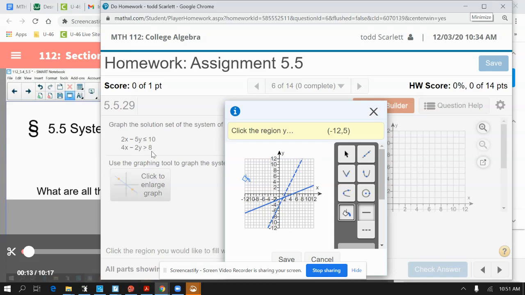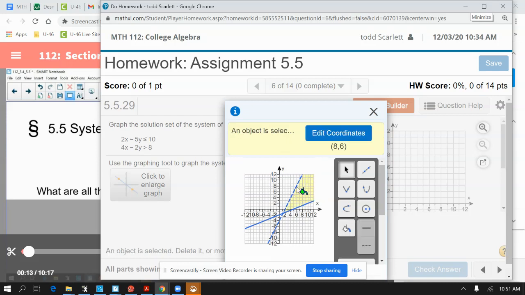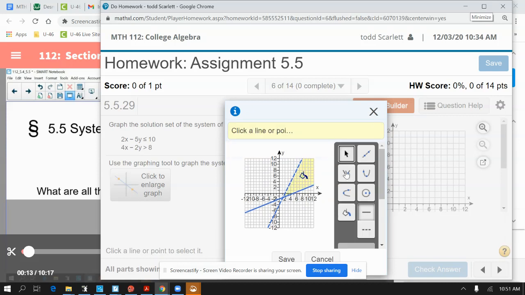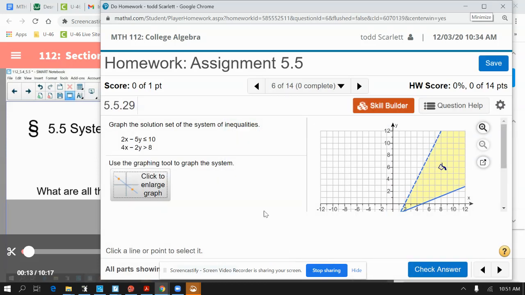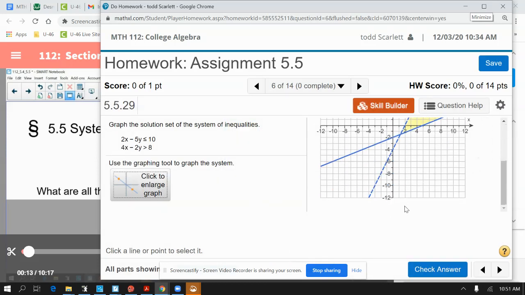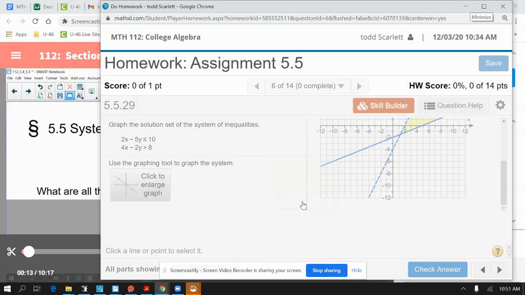Of course not. 0 is less than 8. So 0, 0 is not a solution to the dashed inequality. So therefore, it must be this section right here. And I press save, and I press submit, and it congratulates me.